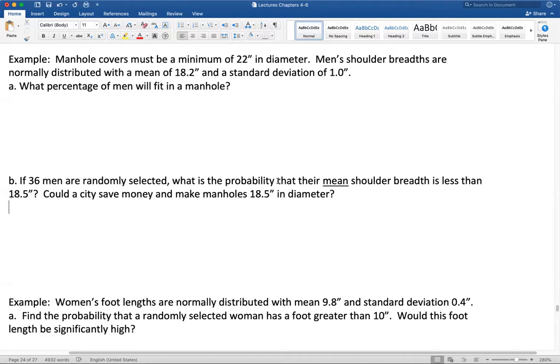No, the mean of shoulder breadth. It means a sample mean. Let's figure this out. Definitely we can use the central limit theorem, because the problem says the population is normally distributed, and moreover the sample size is greater than 30, right?